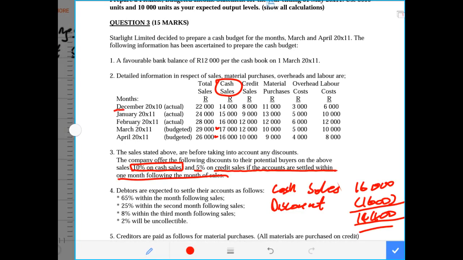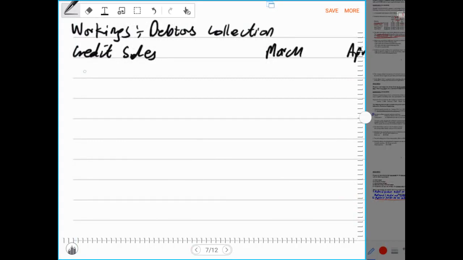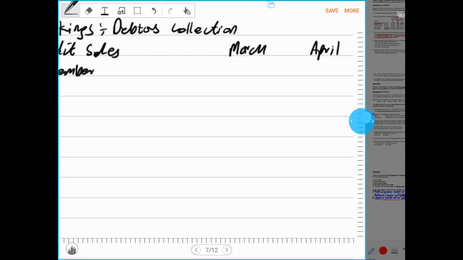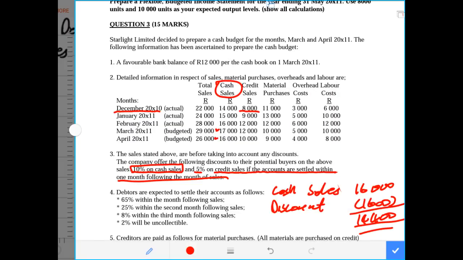So now we start with the credit sales of December, which is 8,000. In December we made sales, and we know that we collect 65%, 25%, and 8%.